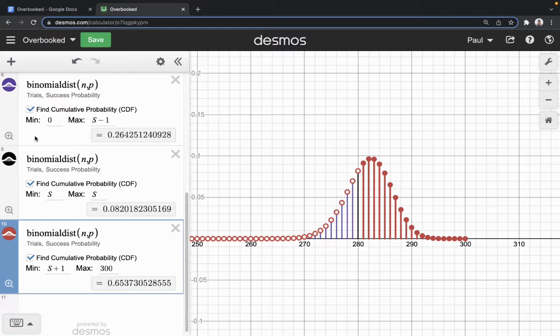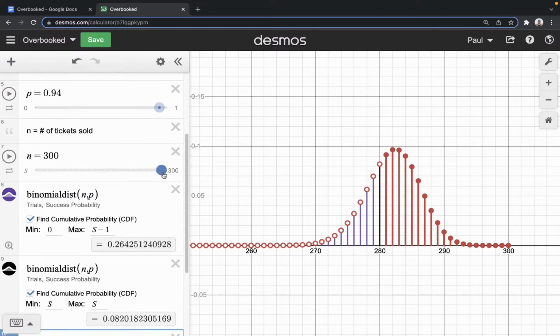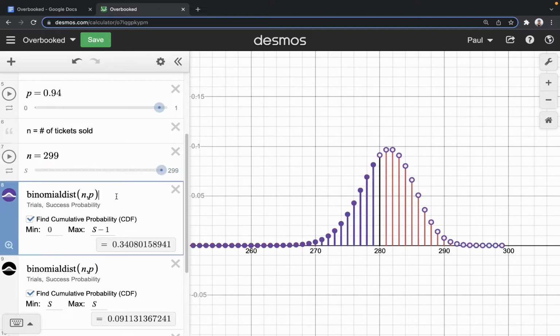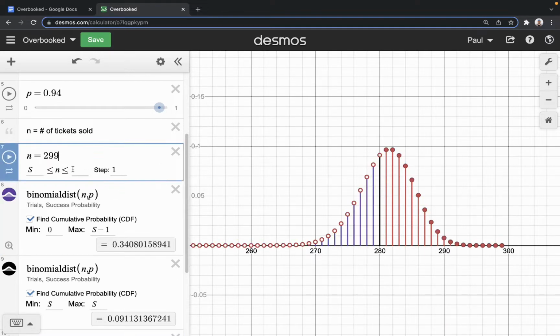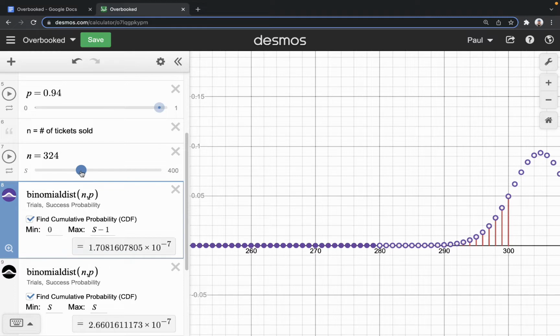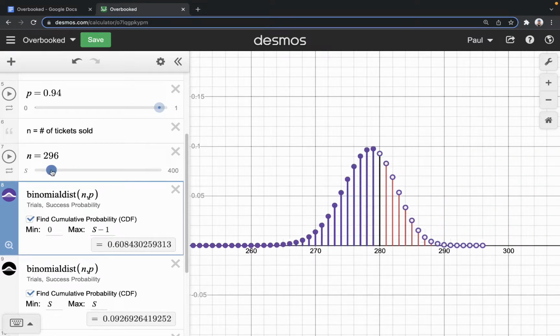That will make a little more sense here. So the purple region now is as small as I can make it within the bounds that I've set up. And I could take off this 300. Sometimes it doesn't work. Let's see. Yeah, it won't. Let me put it up to 400. Give myself more room there. So I can really overbook it a whole lot and get that probability of empty seats down a little lower.